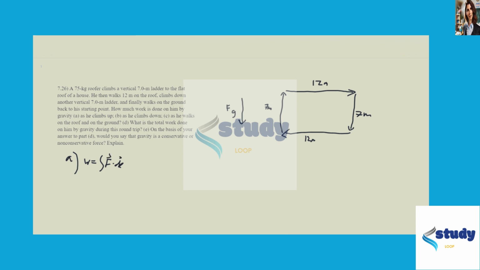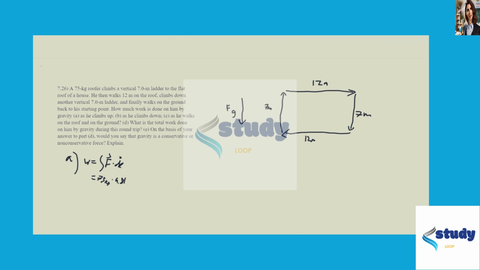Okay, so here force is down and the path length is going up as he climbs to the top of the roof. So we can just write down what the force is. Force is just going to be the gravity acting on him. So that's going to be his mass, 75 kilograms, times 9.81.